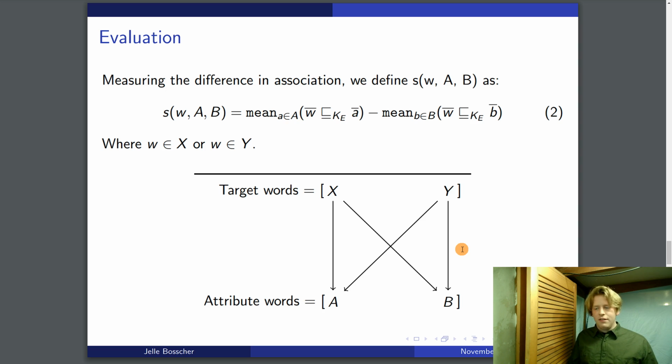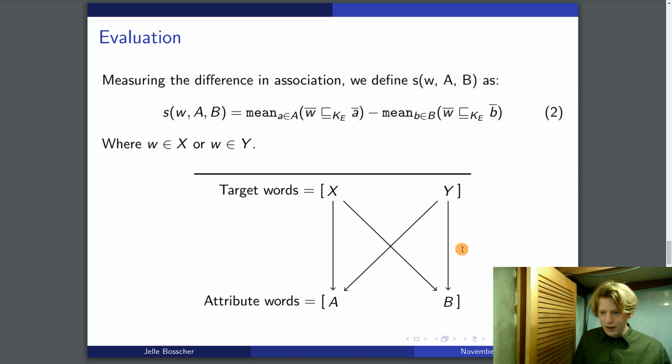We define a function S, which measures the mean KE between a certain word in a target set and all the attributes in a certain attribute set. It takes the mean for a word in X with all the words in A, minus the mean of X with all the words in B.